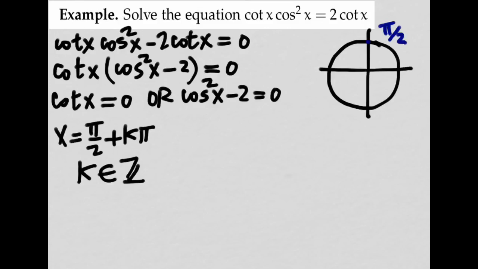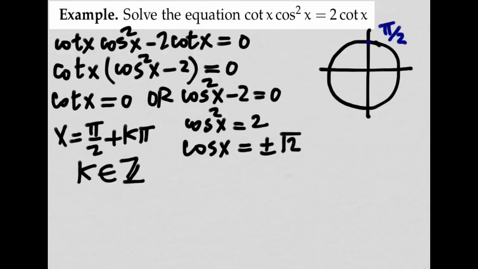Let's move on to the second equation, cosine squared x minus 2 equals 0. Well, that's equivalent to cosine squared x equals 2, which in turn is equivalent to cosine x equals plus or minus square root of 2. Now, square root of 2 is roughly 1.41. So that's roughly plus or minus 1.41.